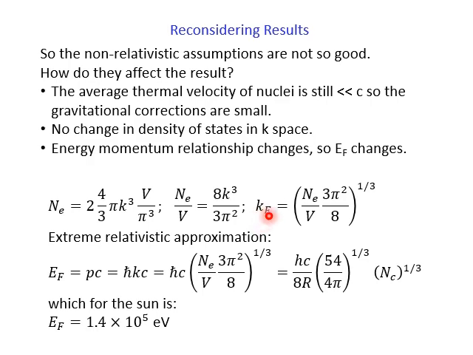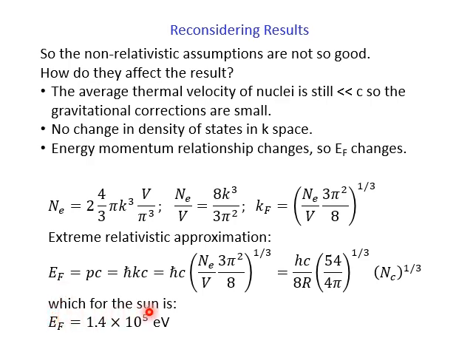But we're going to focus on having calculated the Fermi velocity with the assumption that the energy of the particle is proportional to the momentum times the speed of light, or the energy of the particle, at the Fermi energy at least, is equal to h bar times the wave vector of the particle times the speed of light. Plug all of that in, and we end up with this relationship for the Fermi energy.